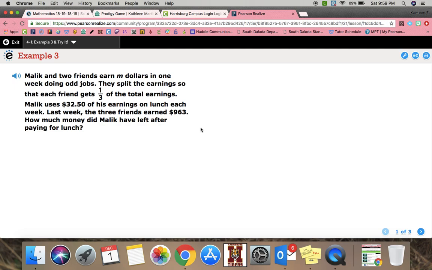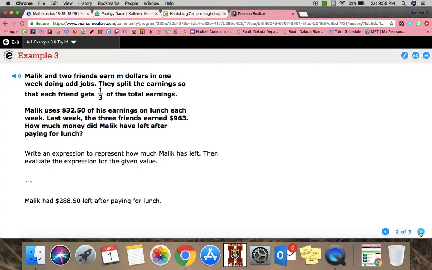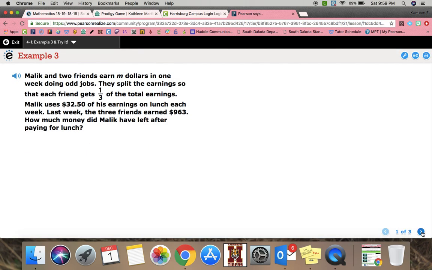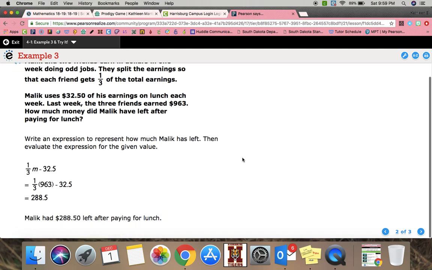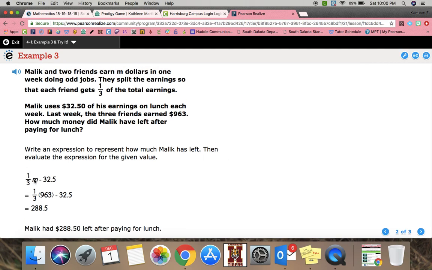How much money did Malik have left over after paying for lunch? It says, write an expression to represent how much Malik has left, then evaluate the expression for the given value. Okay, so 1/3 of what they earn, and what they earn is M, is Malik's.